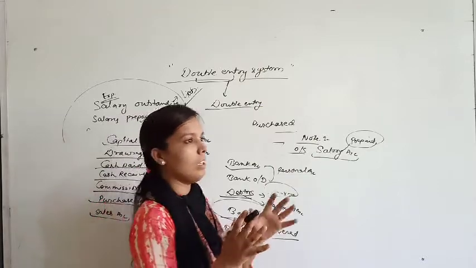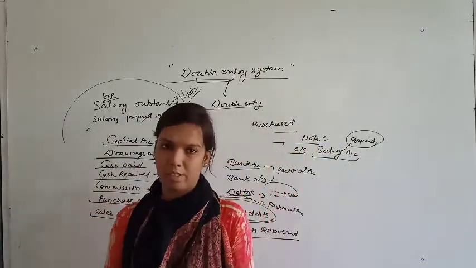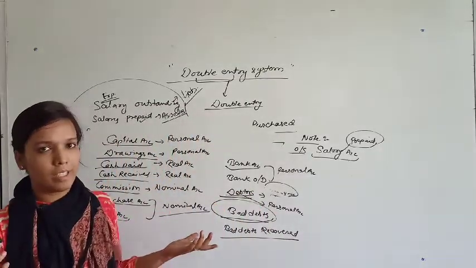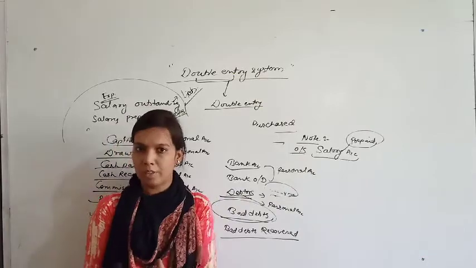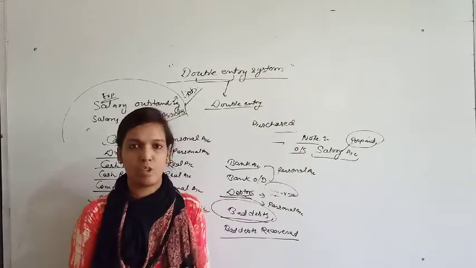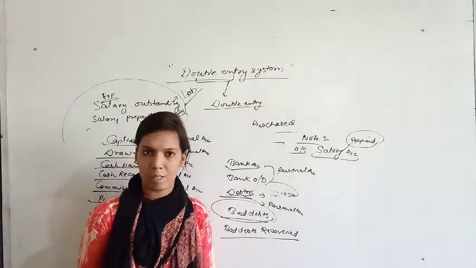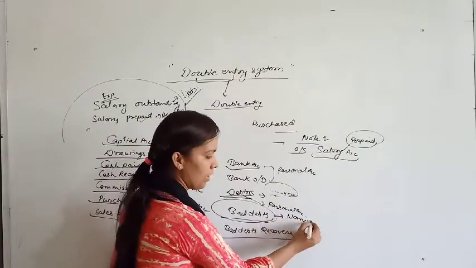Like in business, you can say there are three types of debtors: good debtors, doubtful debtors, or bad debtors. Good debtors, that you can easily receive payment from them. Doubtful, that you have doubt on them whether you will receive payment or not. But bad debtors, that is confirmed that it is your bad debts. You will not receive this payment in future. So bad debts will be termed as nominal account.